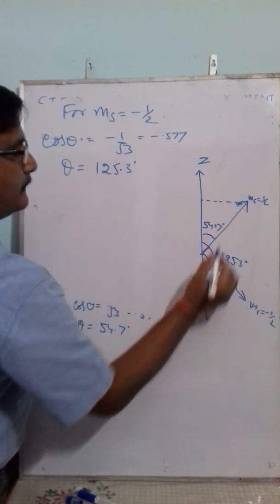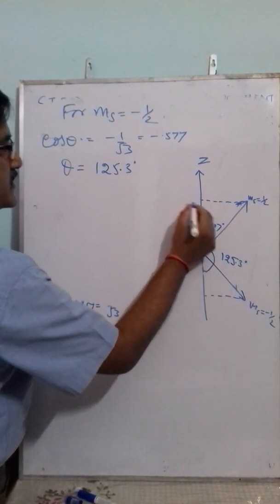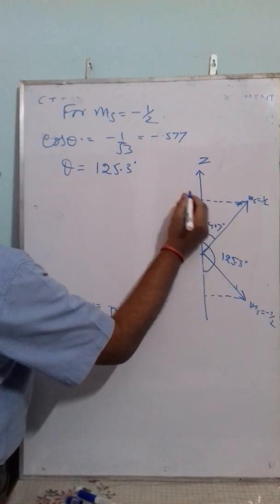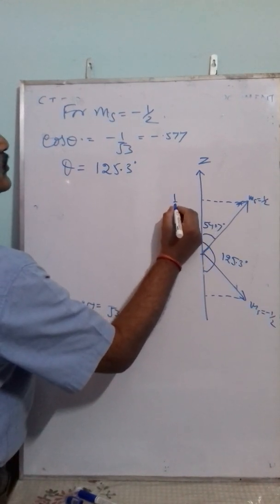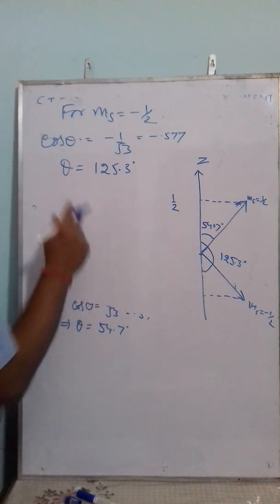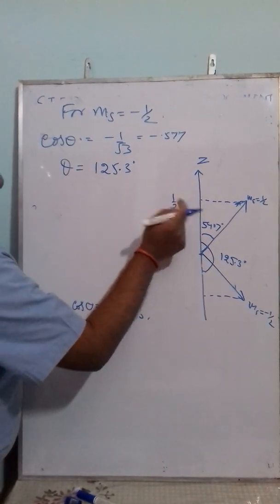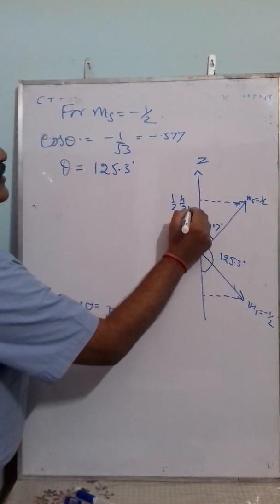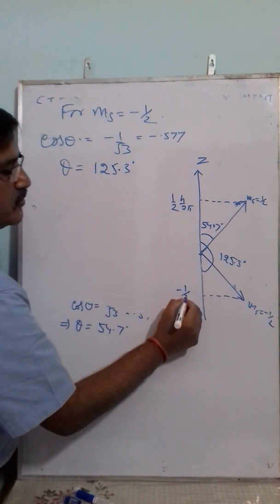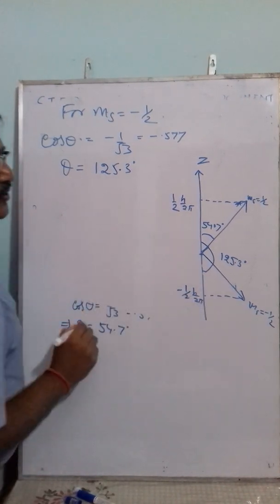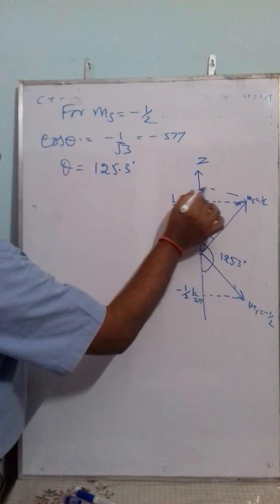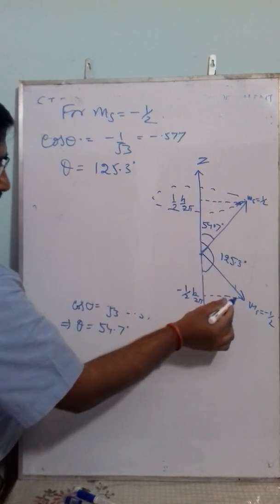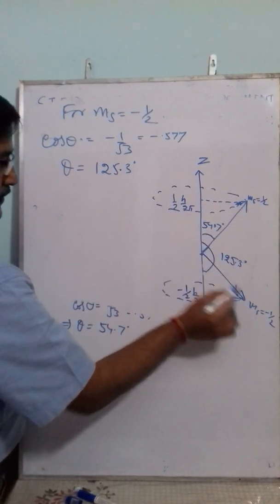The orientations are like this. The value of Sz is plus half ms into h upon 2 pi, and this is minus half h upon 2 pi. So this precesses like this, and this precesses like this.